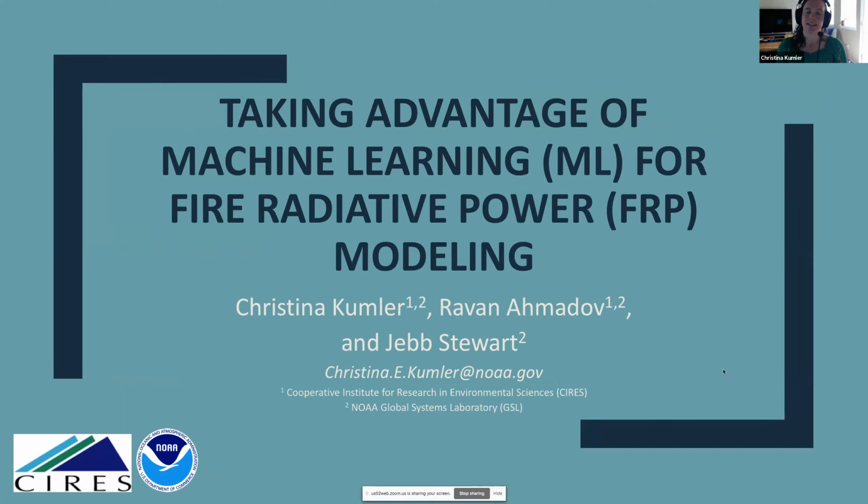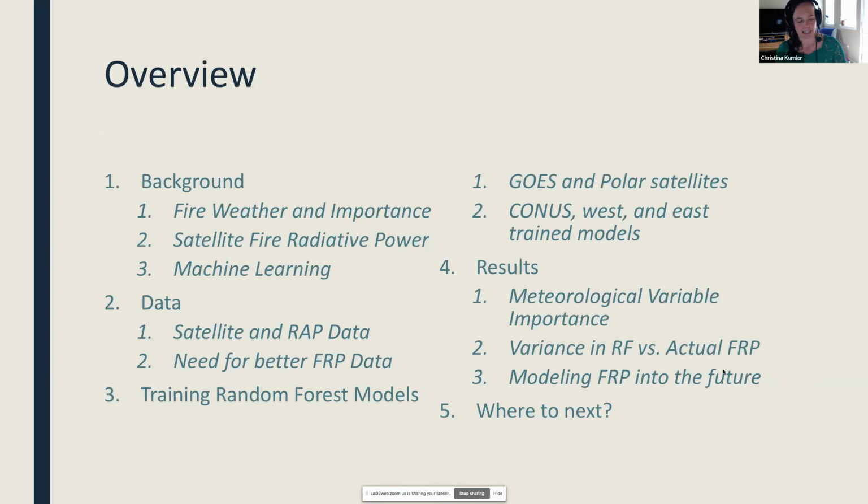And today's presentation is going to be on taking advantage of machine learning for fire radiative power modeling. So, quick overview. I'm going to go into the background of the science. This is going to be a little bit more science than software talk, unlike the ones this morning. So, I'll introduce you to what FRP is and how we measure it and some of the issues we have with it.